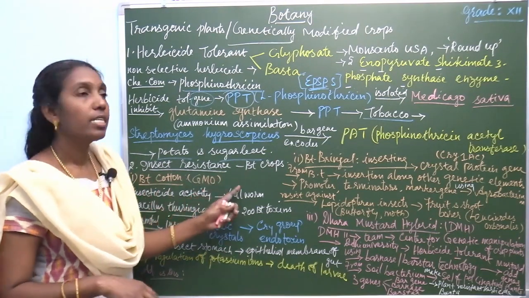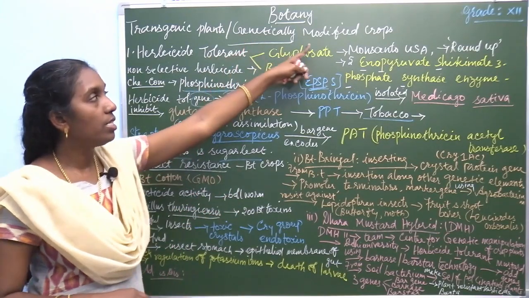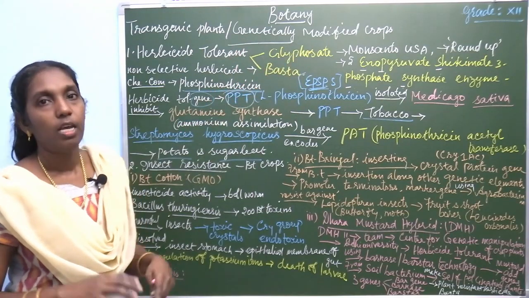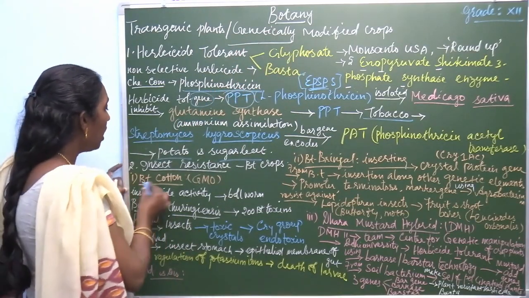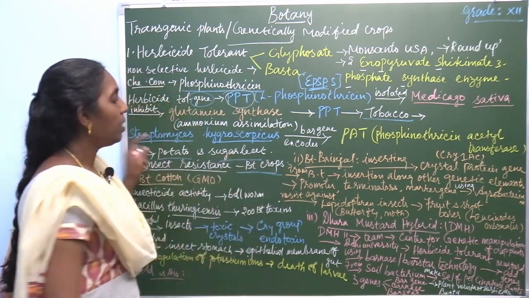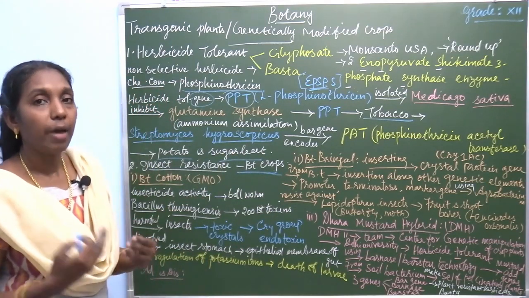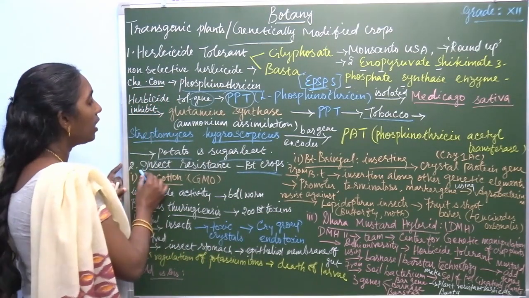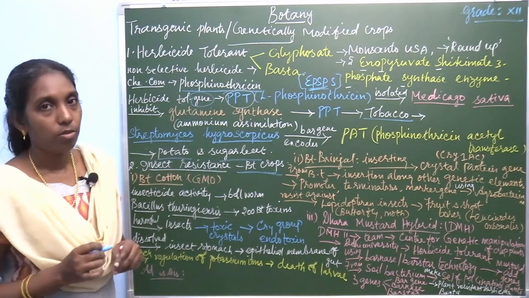So insect resistant varieties. These plants are genetically modified, GM crops, genetically modified plants or genetically modified organisms. Here, BT crops, BT, Bacillus thuringiensis. The main bacterium used for insect resistant varieties is Bacillus thuringiensis.